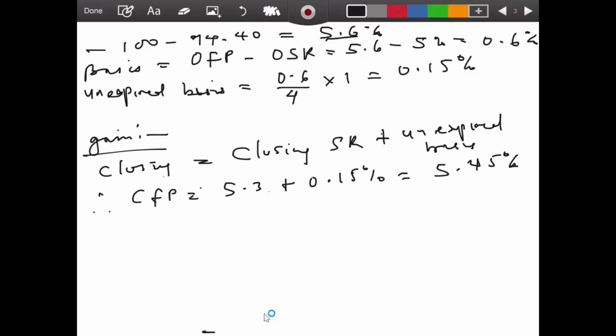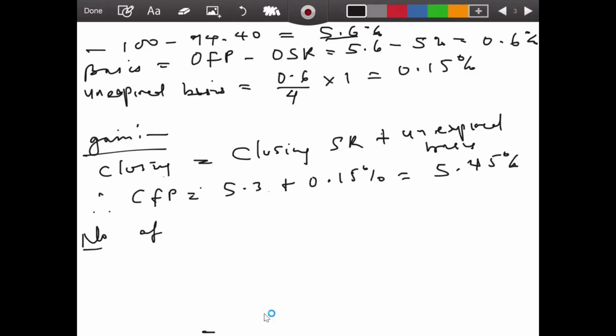So what will be the gain or the loss on the contracts? Before I calculate the gain or the loss, I want to know how much was hedged. Is it a perfect hedge or is it an imperfect hedge? The gain will be based on the number of contracts.